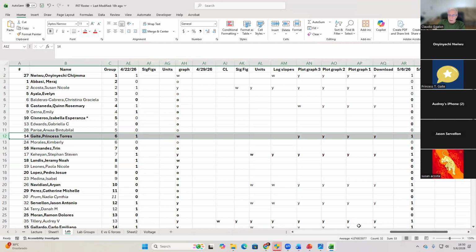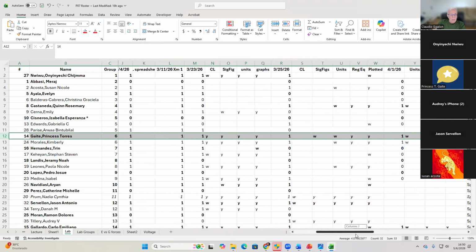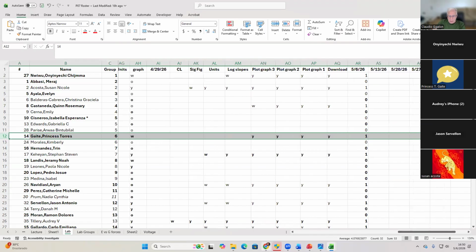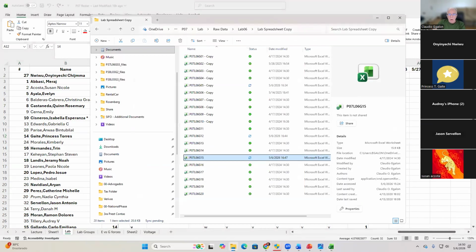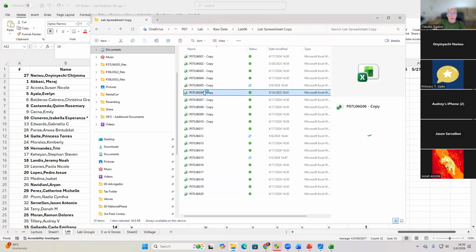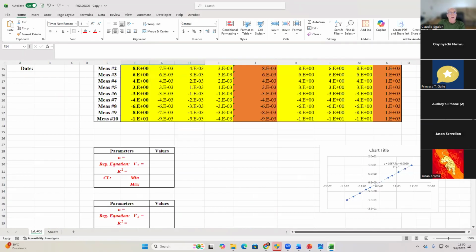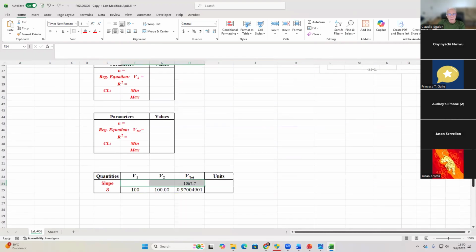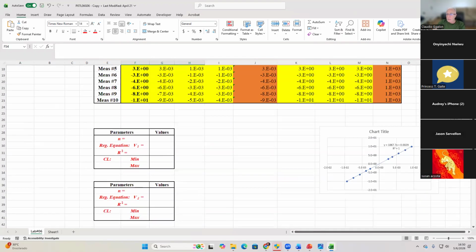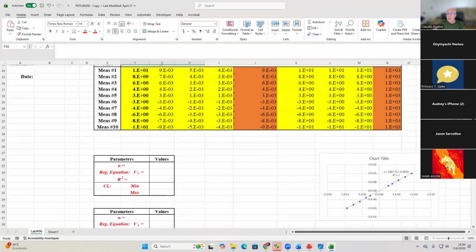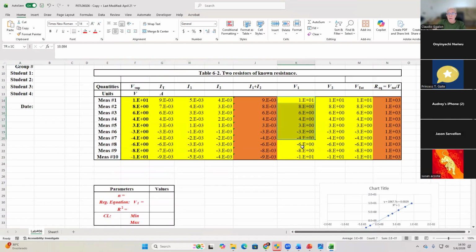Let's see. Your group number 6, right? Let me get your group number 6 here. I did it for group number 6. See that? 1067. I did V total, 0.9%. Let's see the other ones.